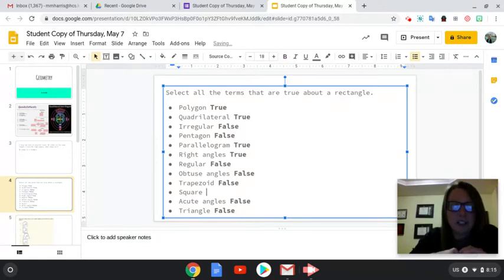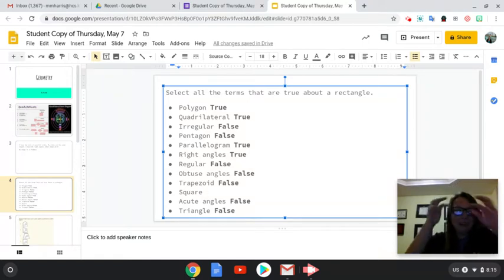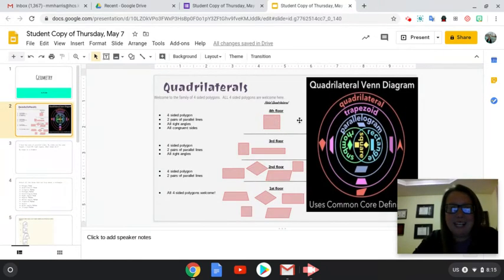Can a rectangle be a square? Well, what do you know about a square? Remember, think about the hotel. The square is at the very top. It's the only one allowed up there because it's the only one different because it has all congruent sides. It has to have all right angles.